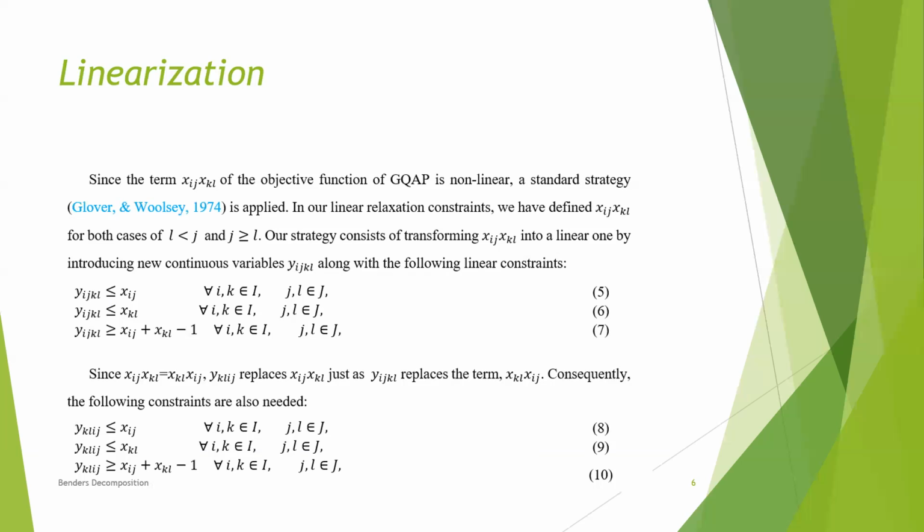So we can replace, in the second term of the objective, the variables xij xkl with yijkl, where we need to have additional linear constraints to provide a link between this new continuous variable, or this non-binary variable y, and the variables xij and xkl.